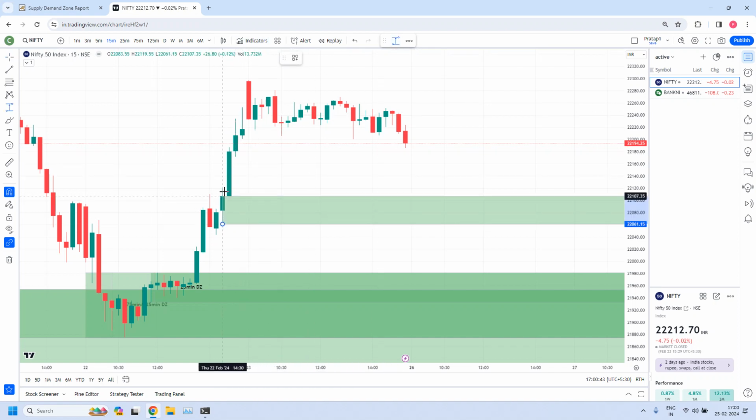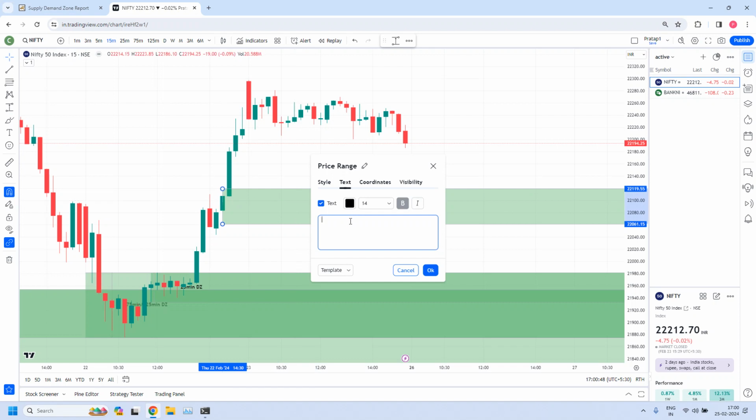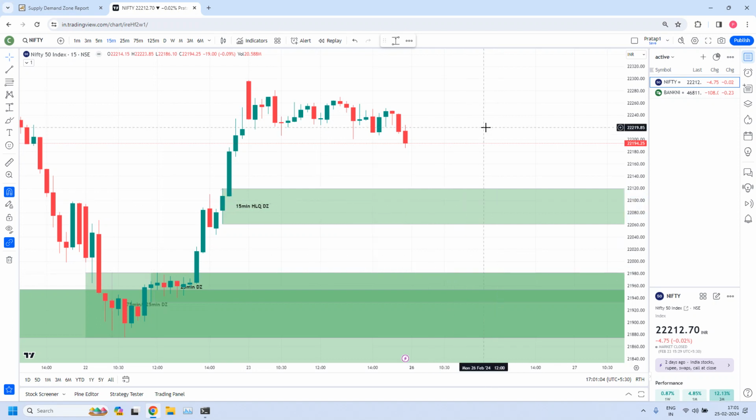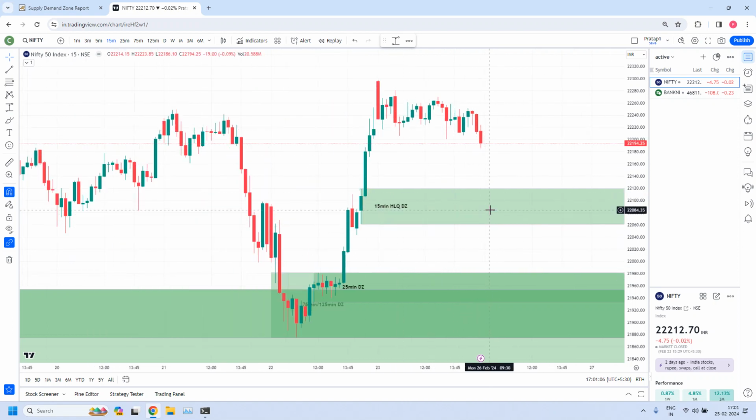So that way it has drawn this 15 minutes high liquidity demand zone. So probably on Monday Nifty may get support in this zone.